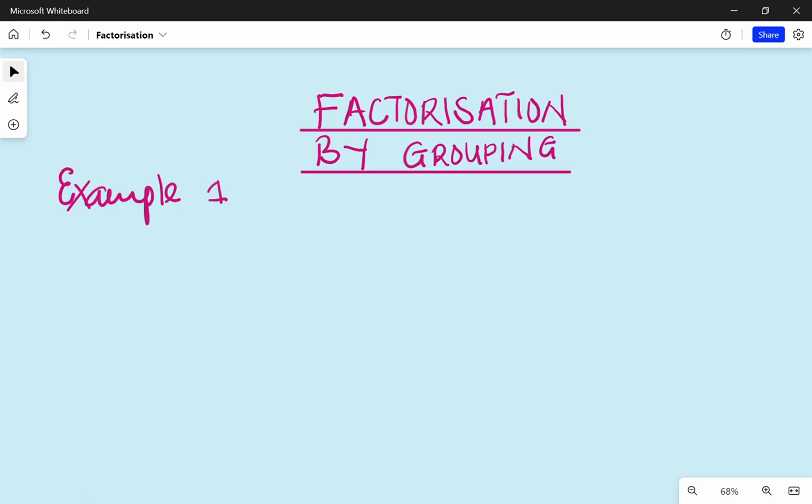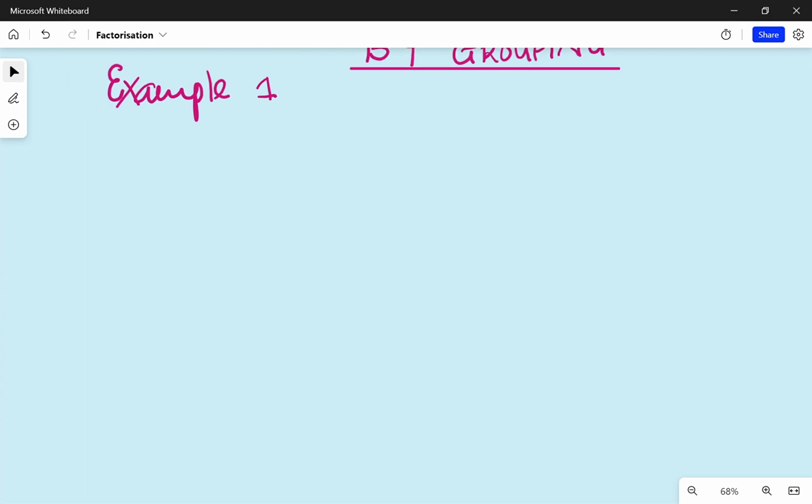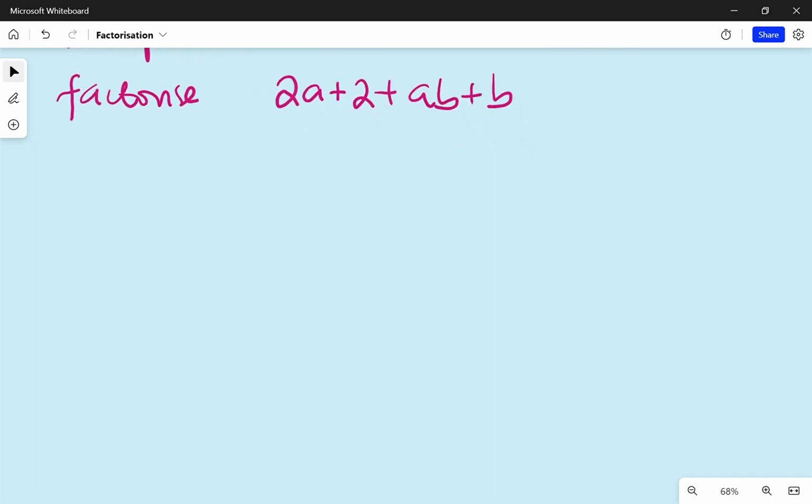Example 1: factorize 2a plus 2 plus ab plus b. How can we factorize this expression?